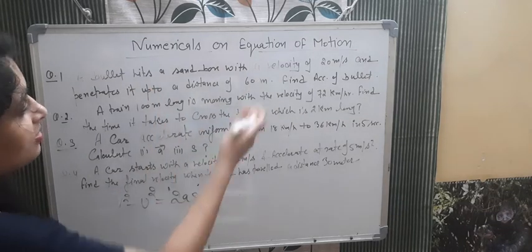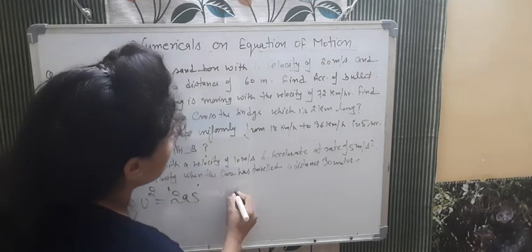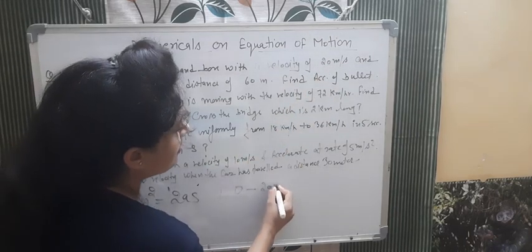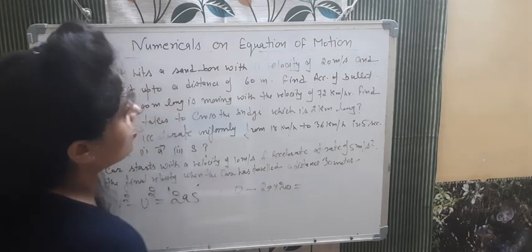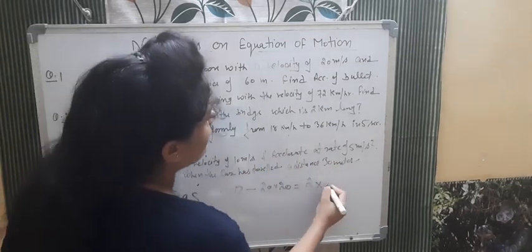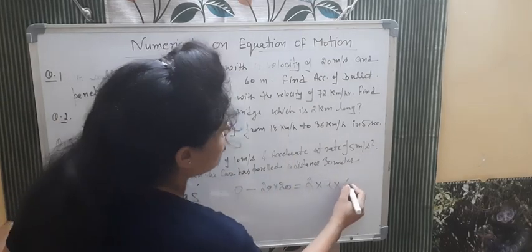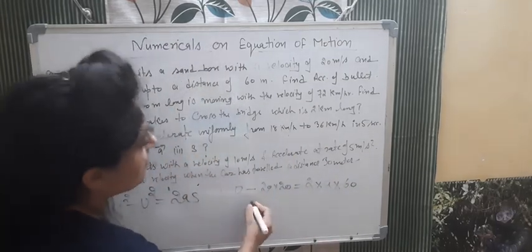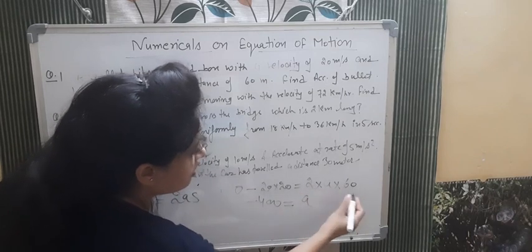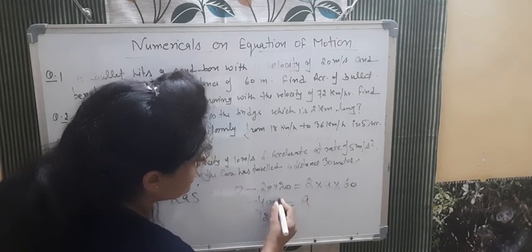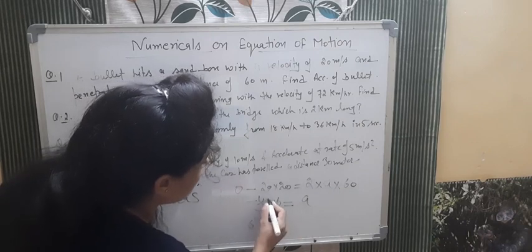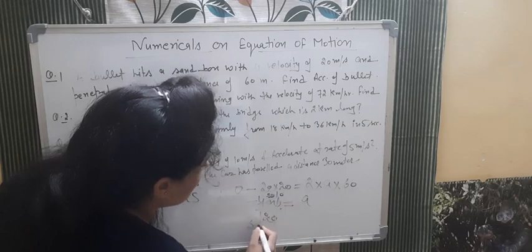So for question number 1, V square is 0, minus U square, 20 square, that is 20 into 20, 400, is equal to 2 into A, which we need to find, and S is given as 60 meters. So what will be the answer? Minus 400 is equal to A times 120, so A is minus 400 by 120, which is minus 10 by 3.